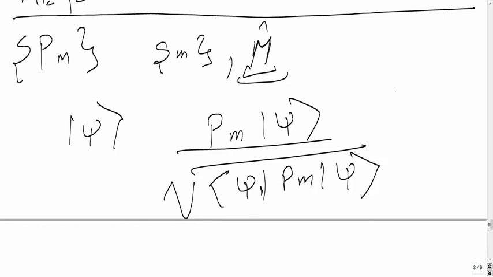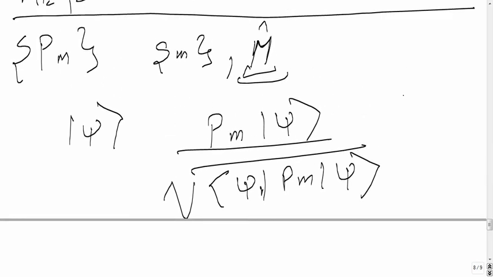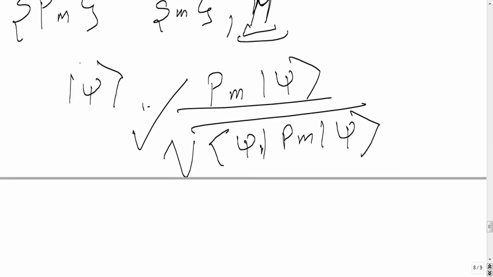And the probability of outcome m is given like this: the expectation value of the projection operator corresponding to the eigenvalue m.